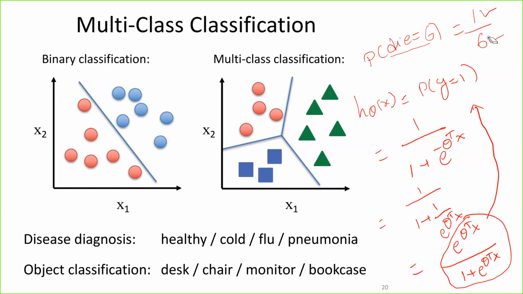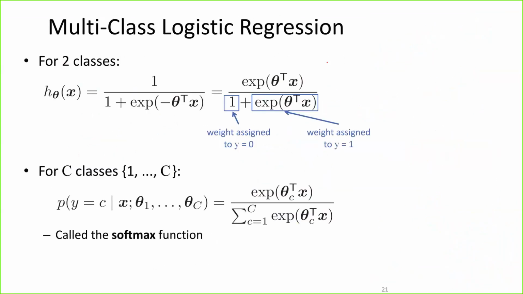When you get the probability of die equivalent to 6, you got 1 by 6, where the numerator is the weight associated with die equivalent to 6 divided by the sum over the weights associated with all the possible outcomes. So if you interpret this also in the same way, what is the numerator? Probability of y equivalent to 1 is this: e to the power theta transpose x is the weight associated with y equivalent to 1, and this one is the weight associated with y equivalent to 0. Can I interpret it that way, along similar lines? Yes.